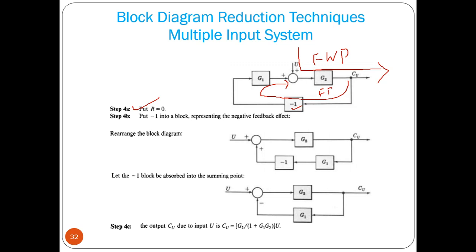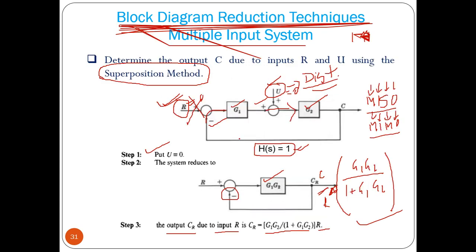The sign will be plus, minus, minus G1. So from U we have G2 connected to output, and from the feedback path it will be plus 1 times minus 1, so it will be minus, function is G1. That will be your block diagram, the reduced block diagram from this particular block diagram when R equal to 0.